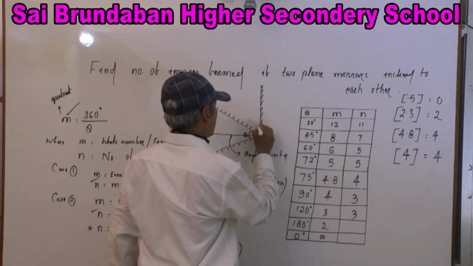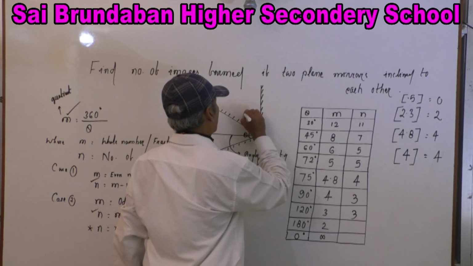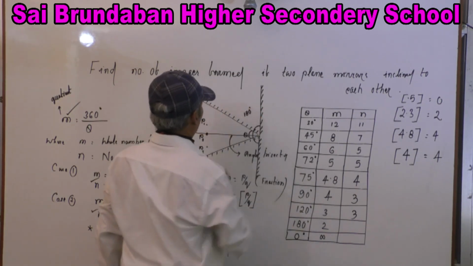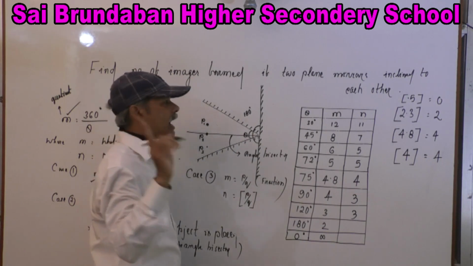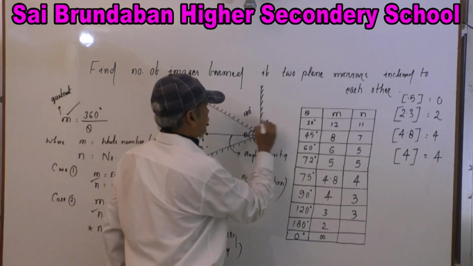This angle is equal to 180 degree. So if we will take this image, then only one image will be formed.